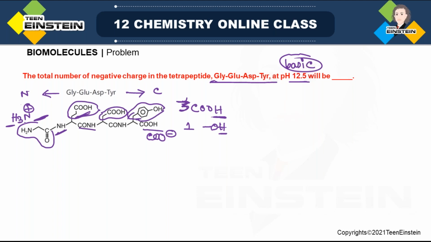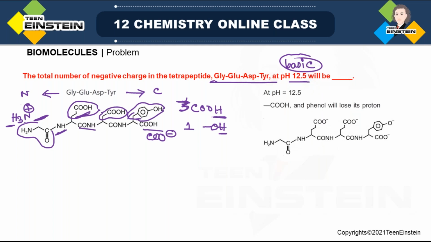And the 3 CO2H groups and one OH, all these will be deprotonated. So whether you write the zwitterionic structure or not, that doesn't matter. Ultimately, you will see there are a total of 4 negative charges. So 3 negative charges come from the 3 CO2H groups and the fourth one comes from O negative. Okay. So this part is like phenol, and phenol will also lose its proton.